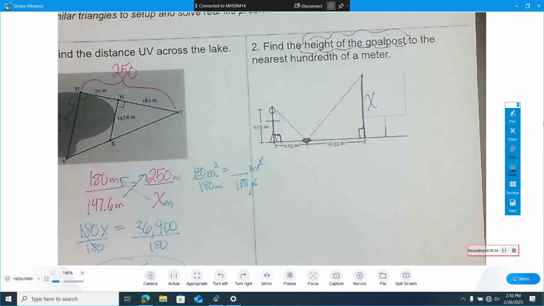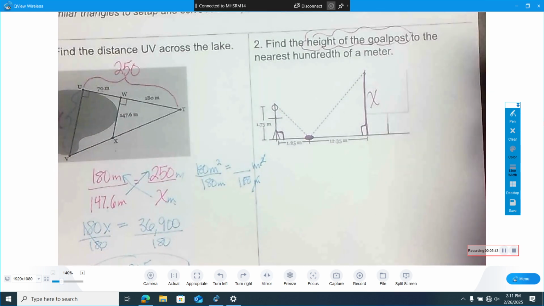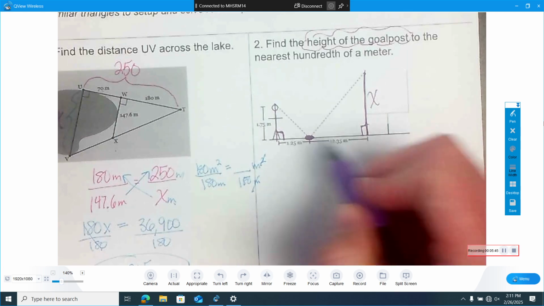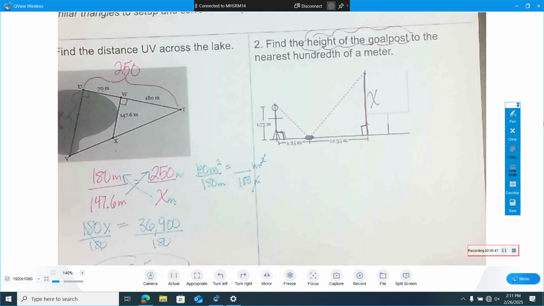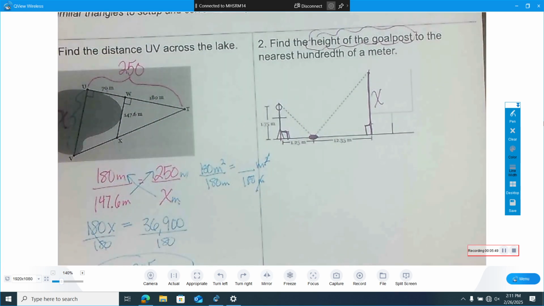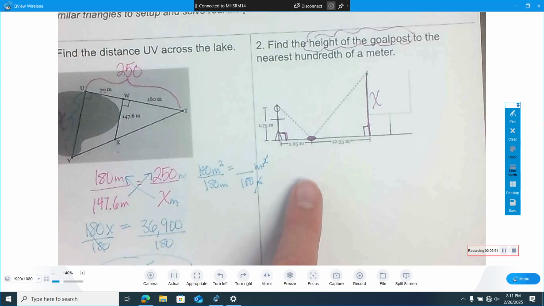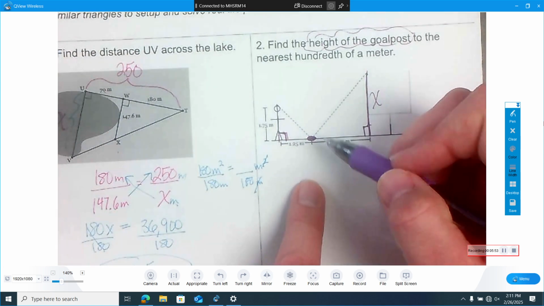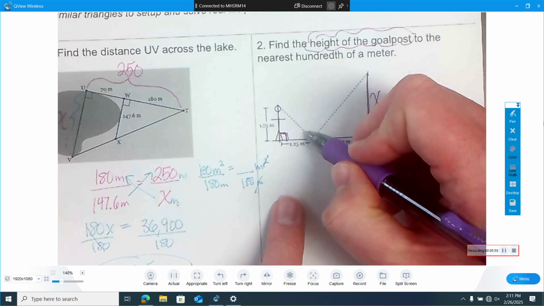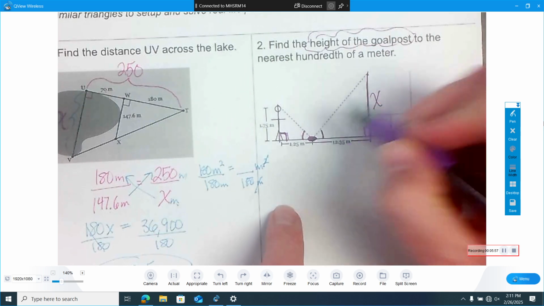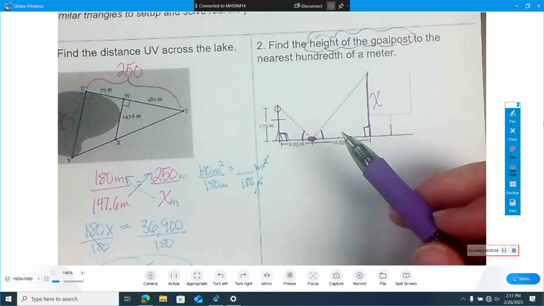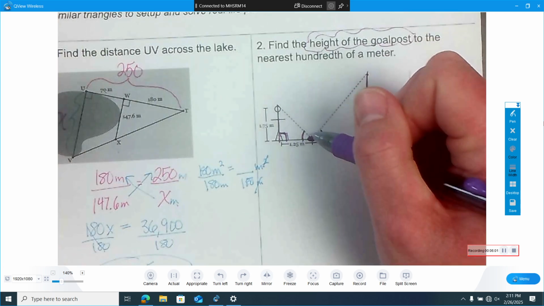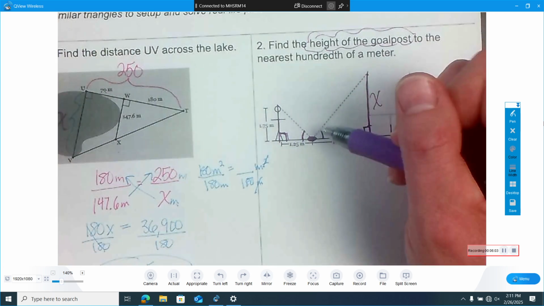Now, before I do any more, I want to make sure, are these triangles similar? Yes. Why? Because they're both right. That's one angle, so they have an angle in common. So they have a pair of congruent angles, but we need another angle in common. The middle, in and out. Yeah, this angle right here is called the angle of incidence and the angle of reflection.